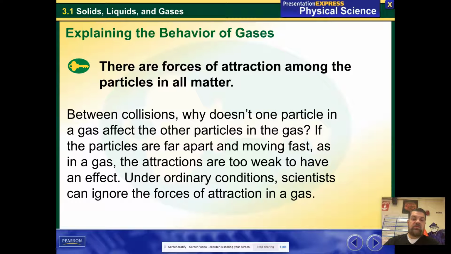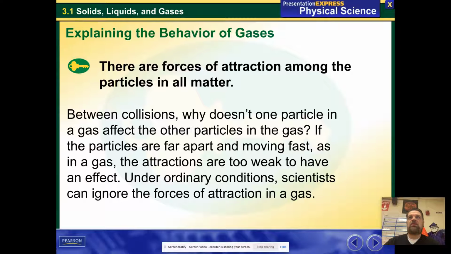So what about the forces of attraction? Well, between the collisions, one particle of gas, while it's moving apart and moving fast, the attractions are too weak to stop it from moving. But depending on the material itself, sometimes they are attracted.